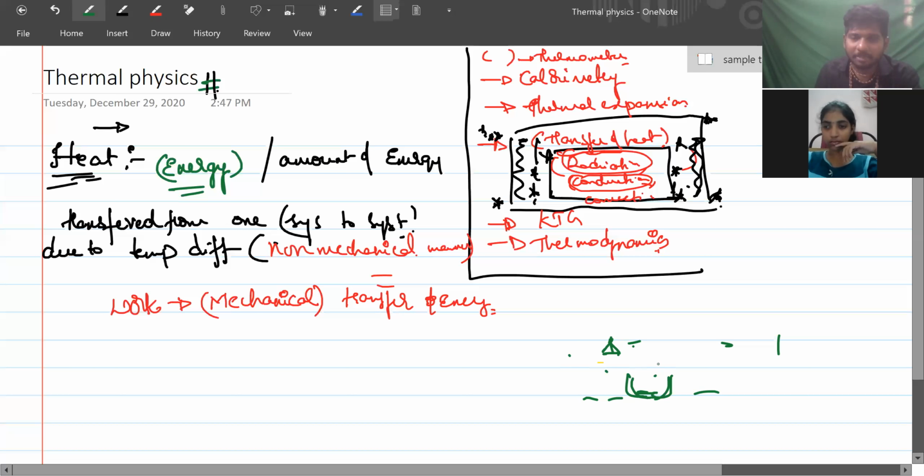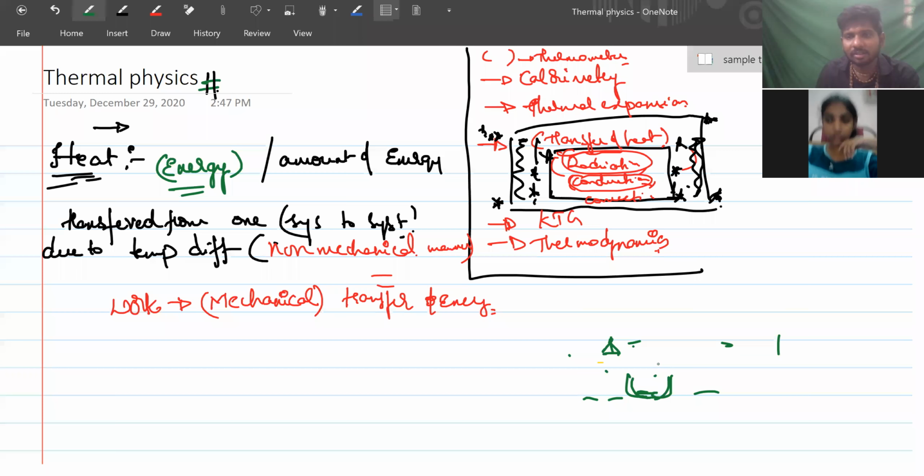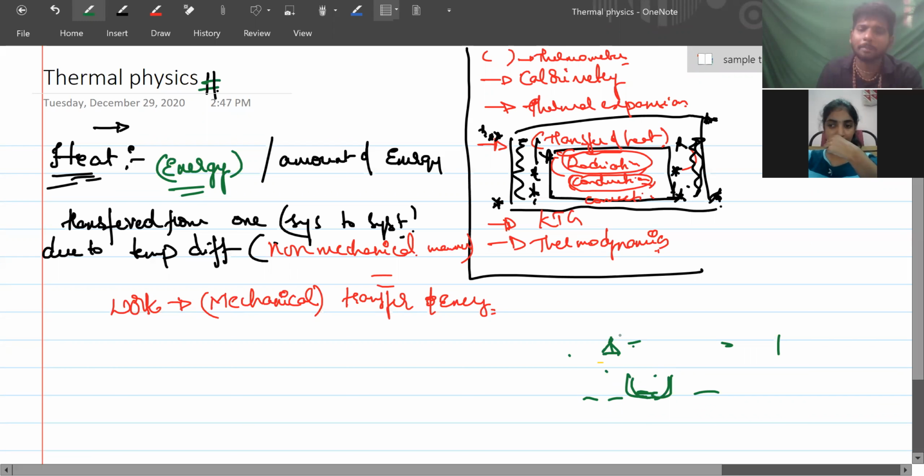No. Using some machine or something? No. So here the transfer is happening due to temperature difference, not due to any mechanical effort. So mechanical transfer of energy is called work, whereas non-mechanical transfer of energy due to temperature difference is called heat. That is also energy. Okay.